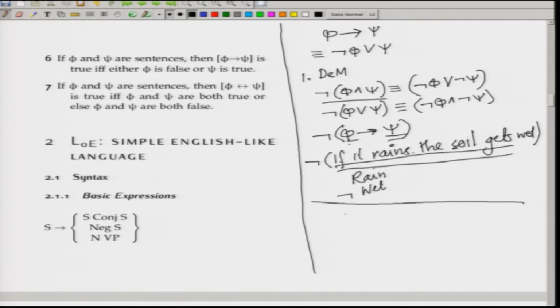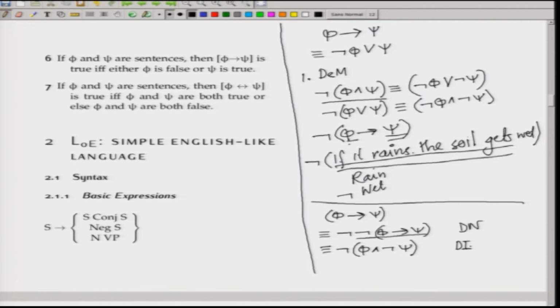Keeping that in mind, we can write that phi implies psi means it is not the case that phi implies psi, right. I just write double negation. I apply double negation on the first line, and then this much we want to work on. So this says that it is not the case that phi implies psi. We have just seen that this means phi and not psi, right. It is the denial of any implication.